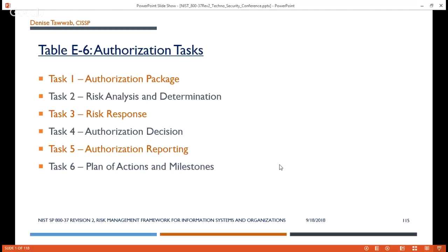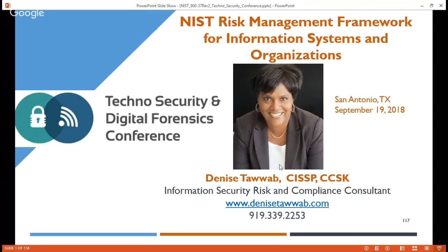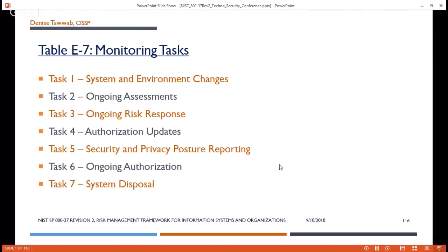These are all tasks that you need to do in that step. E7, and these are appendices, tables in Appendix E of 837, talks about your monitoring task and what happens to set up your monitoring. And that is the NIST Special Publication 837.